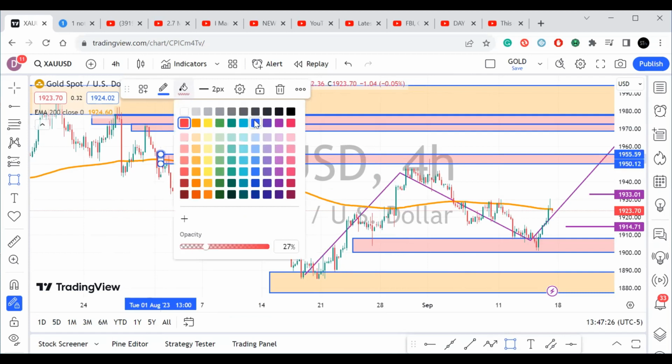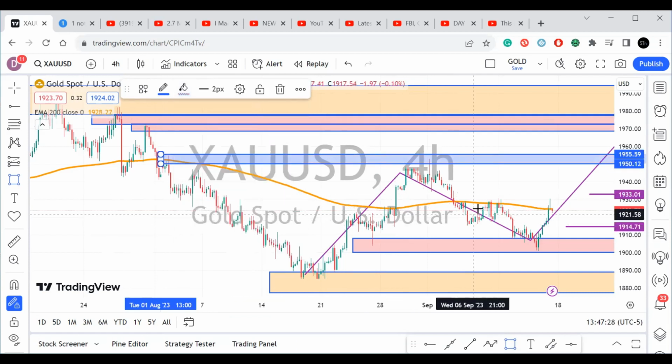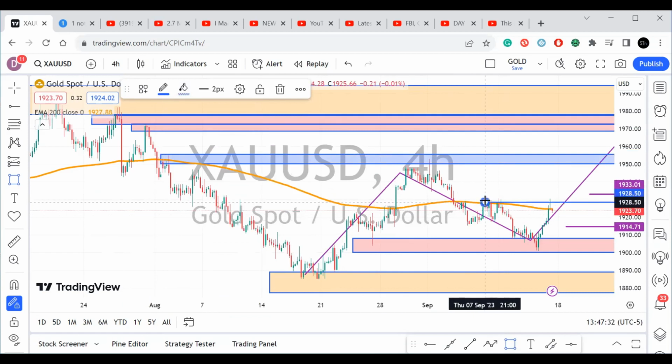For the H4, I'm going to use the blue. The first one is here. So there's also, when we had this from this side, price dropped, then made a new high here.